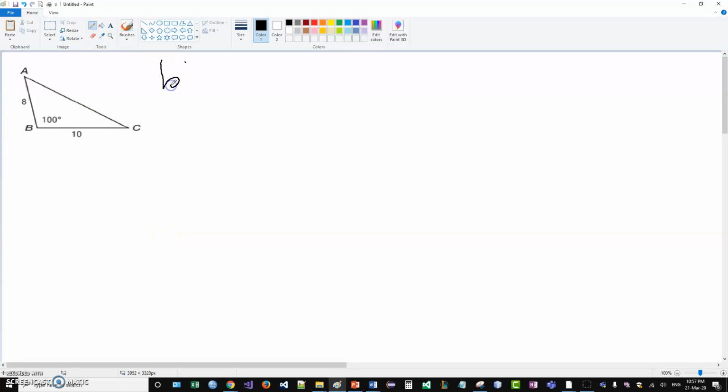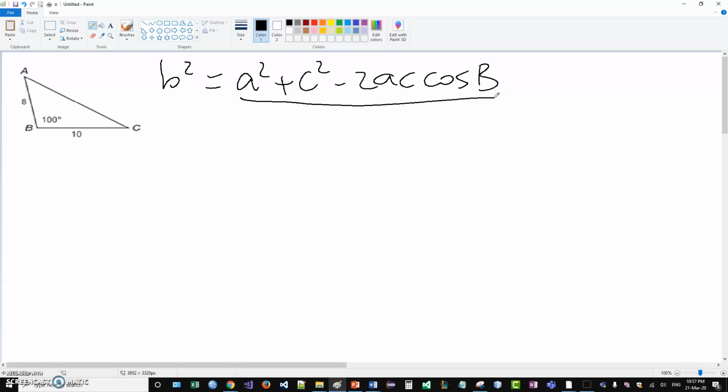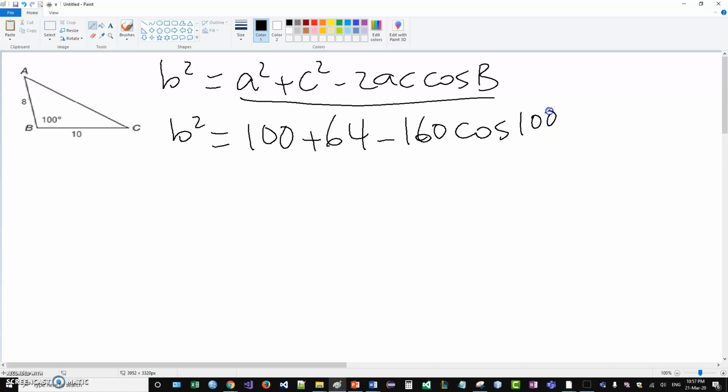So b squared equals a squared plus c squared minus 2ac cosine B. All of these are known; you just need to find b. b squared equals a squared, which is 10 squared, 100, plus c squared, which is 64, minus 2 times a times c, 80 times 2 is 160, cosine 100.